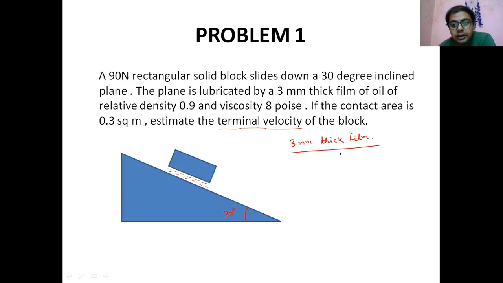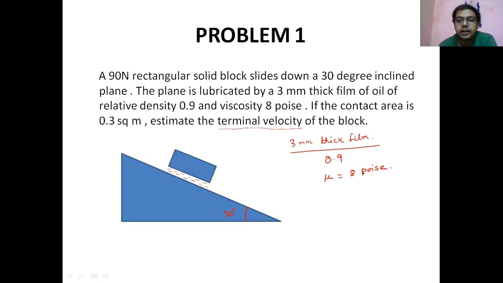The relative density of this oil is 0.9, that means the specific gravity of the oil. And viscosity is given here as 8 poise, because poise is the CGS unit of dynamic viscosity, not kinematic.